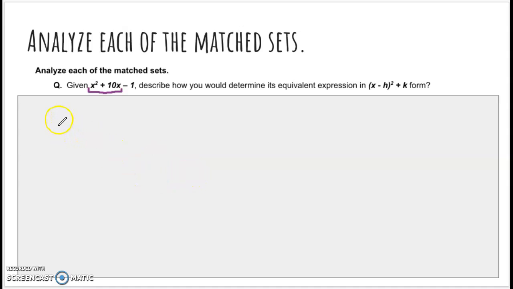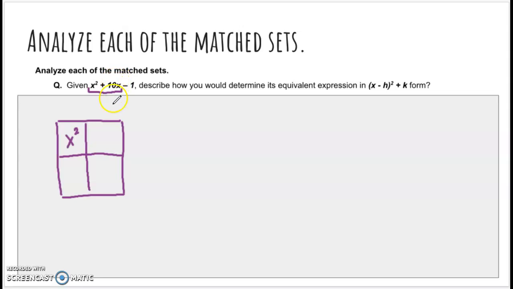I'm working with my area model and I want to have a perfect square trinomial. That's my goal. So I have x squared, and then this plus 10x. I'm going to split it, so I have a 5x and a 5x, and I've still got this minus 1 off to the side here.